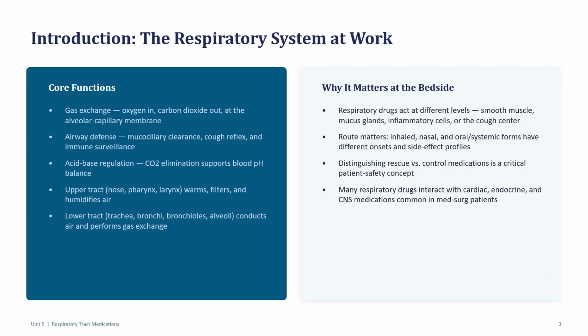Oxygen in, carbon dioxide out, down at the alveolar capillary membrane. But notice the slide also lists airway defense and acid-base regulation. Those aren't just afterthoughts. A drug that dries out mucus too aggressively, for instance, is interfering with airway defense, not just comfort. A drug that affects breathing rate is touching acid-base regulation, not just oxygenation.